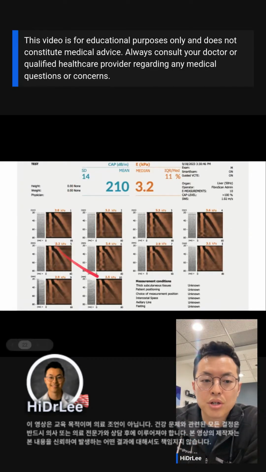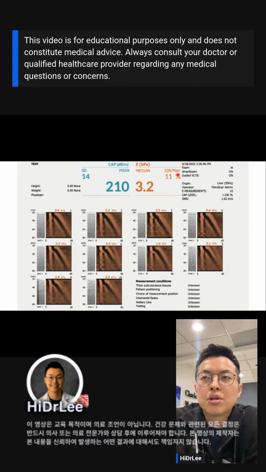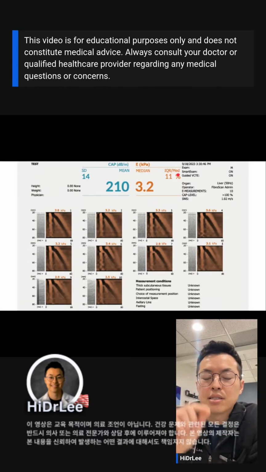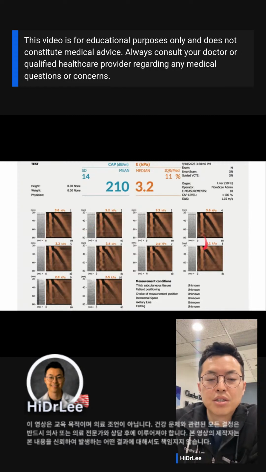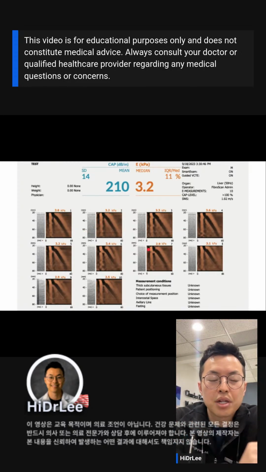And the result paper looks like this. We'll show the latest 10 test results. And there's something called IQR, interquartile range. IQR tells us the consistency among the 10 Fibroscans we just did, which further increases the quality of the test.